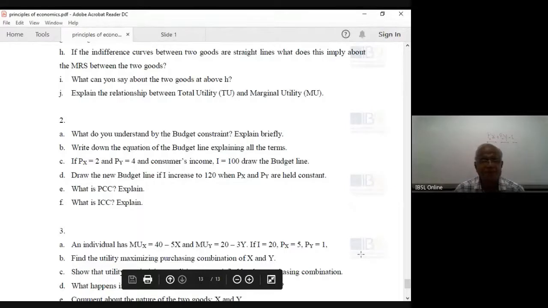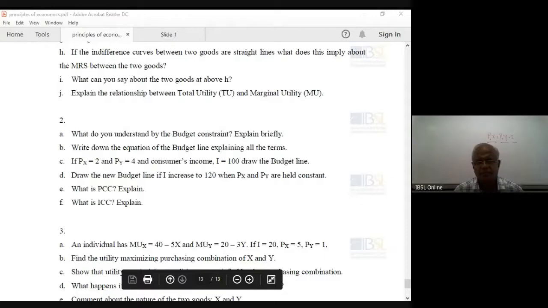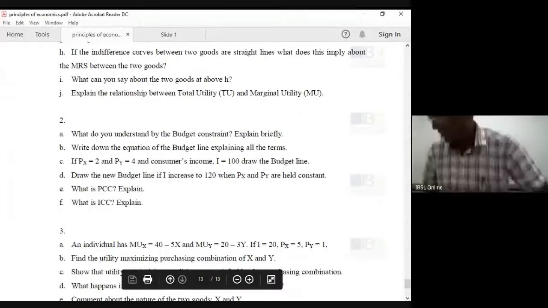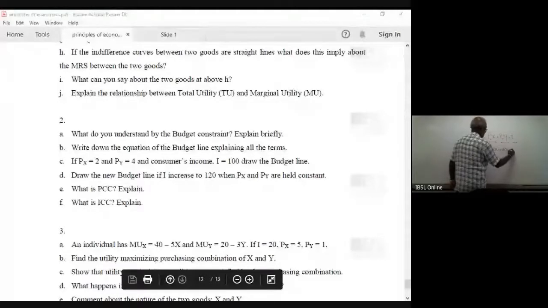If Px is 2, Py is 4, and consumer income is 100, draw the budget line. Okay, I will first write down the budget constraint. Px is 2, Py is 4. That means 2x plus 4y equals 100.